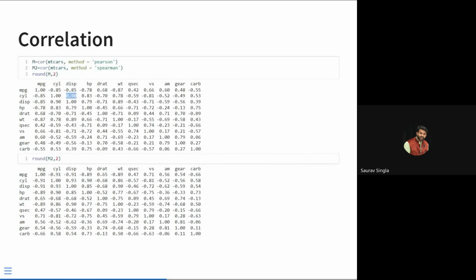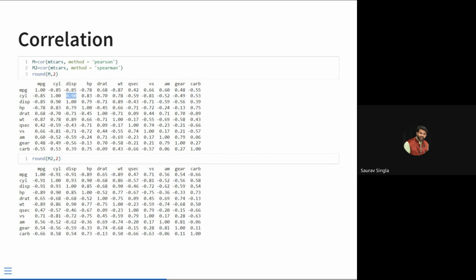So this is the correlation between displacement and number of cylinders. It is 0.9, that is a very high correlation, positively correlated. If cylinders increase, then the displacement will definitely increase. That is a very highly positive linear relationship between these two variables.